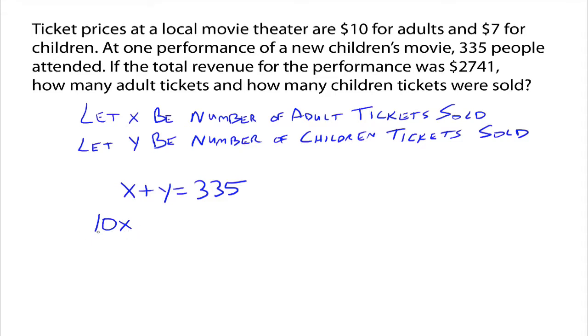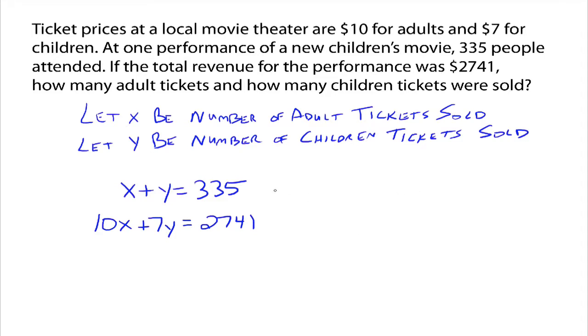That'd be the total amount of money brought in for the number of adults that attended that performance, plus 7y. This is the total amount of money brought in by the number of children tickets sold for the performance. And we know the total revenue for the performance was $2,741. And that's your system of equations that we can solve using the elimination method or substitution method.